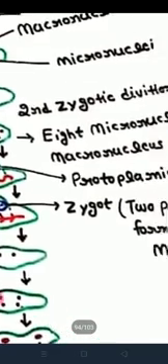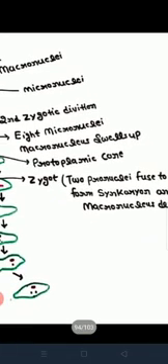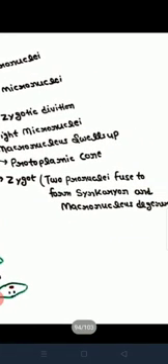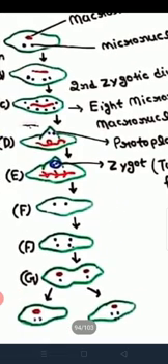These 2 pronuclei fuse and form a zygote. 2 pronuclei fuse to form synkaryon. At that time what will happen? The macronucleus degenerates. Now, see the picture here, 2 micronuclei alone. Again what will happen?